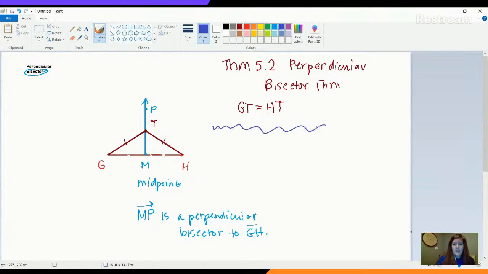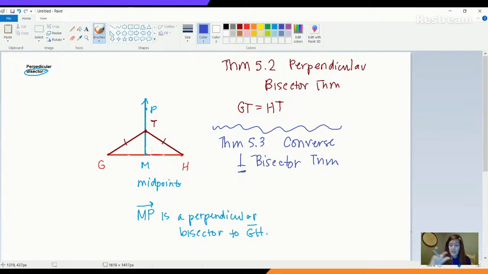It's theorem 5.3, okay? And it's called the converse of the perpendicular bisector theorem. Do you remember what converse means? Converse means we're switching the hypothesis and the conclusion. So we're switching the hypothesis and conclusion from 5.2. In 5.2, we said we have a perpendicular bisector, so that means that the two segments that connect to a point on it are equidistant.